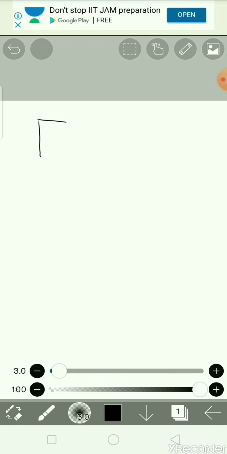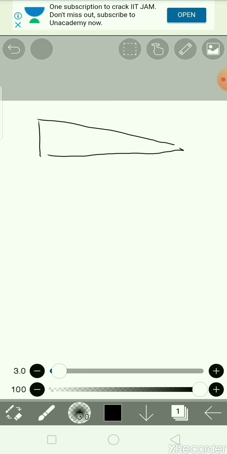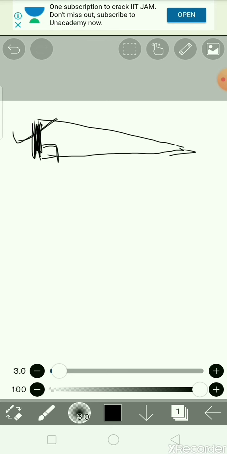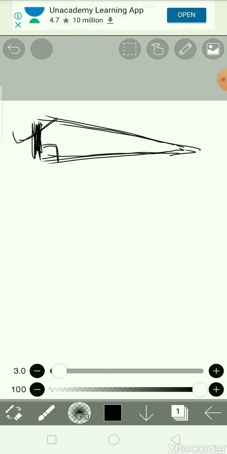An angle other than the right angle is known. Here theta is known. So we make use of different trigonometric functions to find out the sides of the unknown.